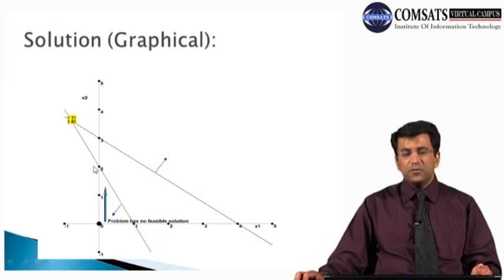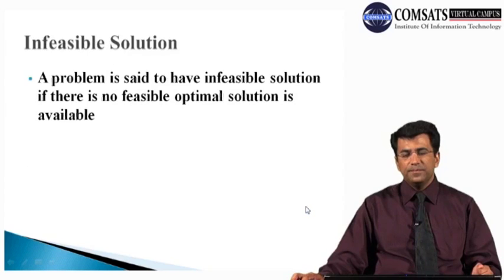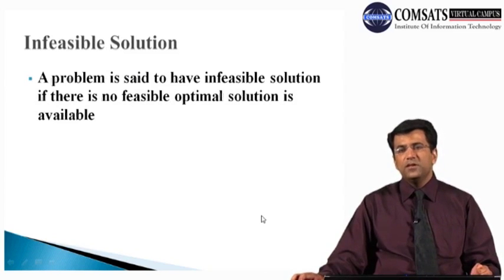So class, in this particular case you can see that we cannot find any common points, that is, any area which is common for both of these lines. In this particular case we cannot find any feasible area. So this is the particular situation which is usually referred to as infeasible solution. So infeasible solution is a sort of situation in which we cannot get any optimal solution.